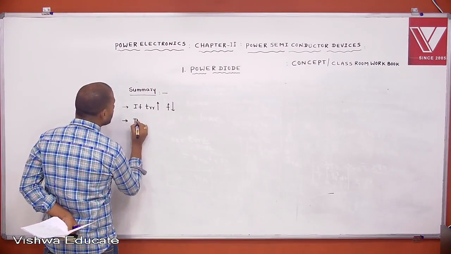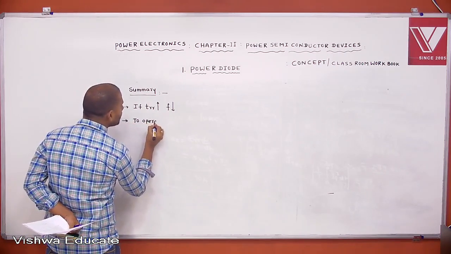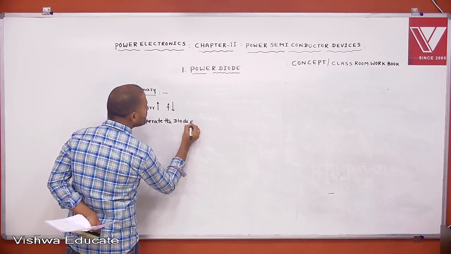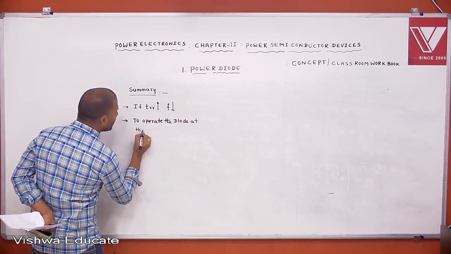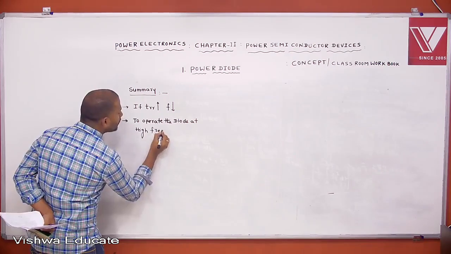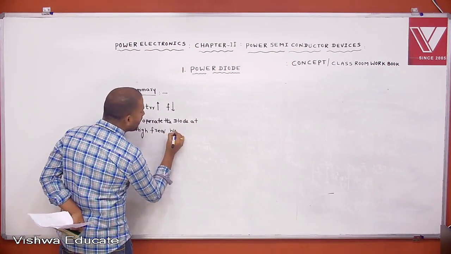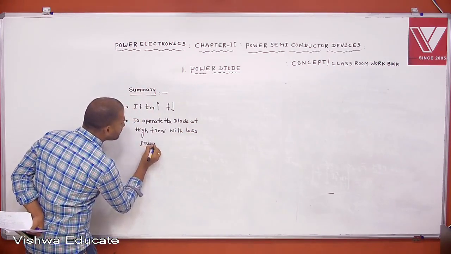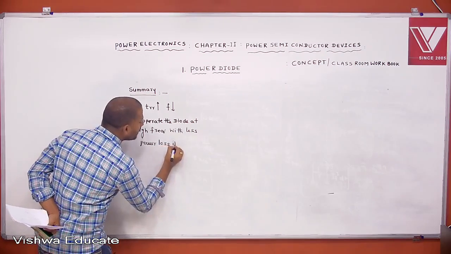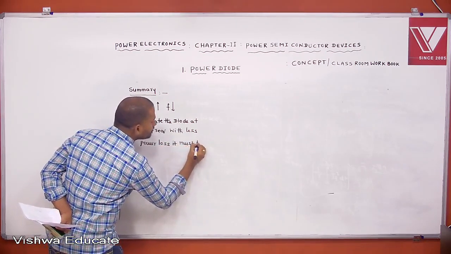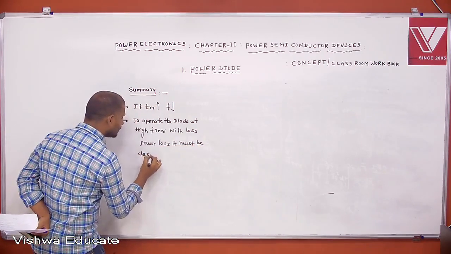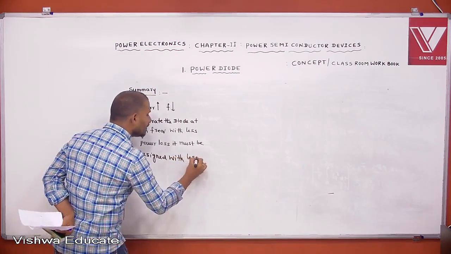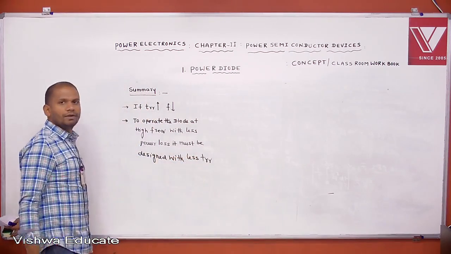To operate the diode at high frequency with less power loss, it must be designed with less TRR, that is less reverse recovery time.